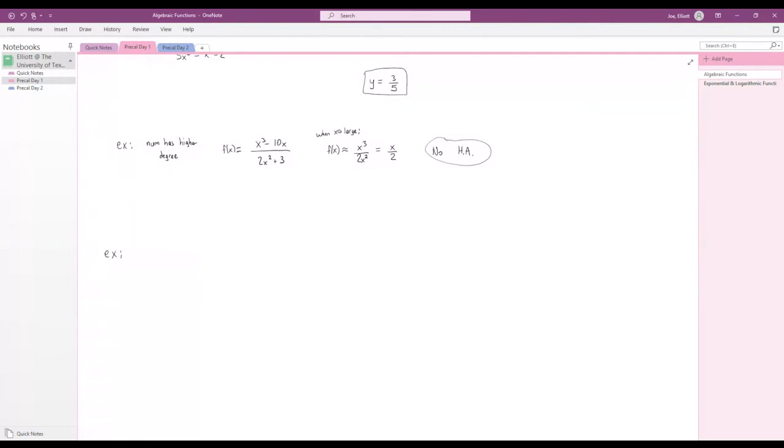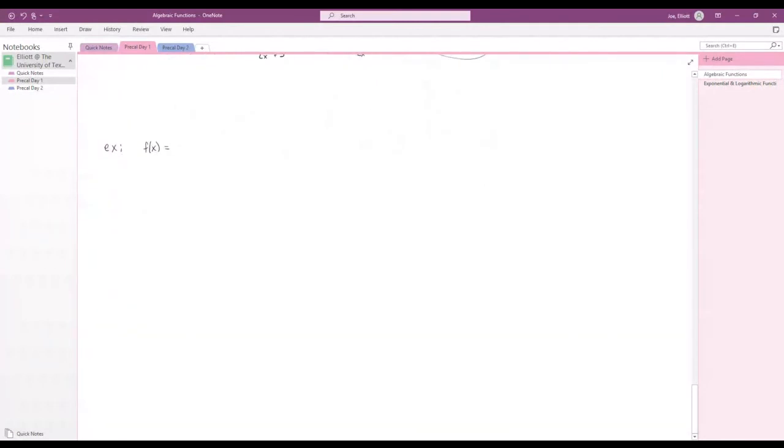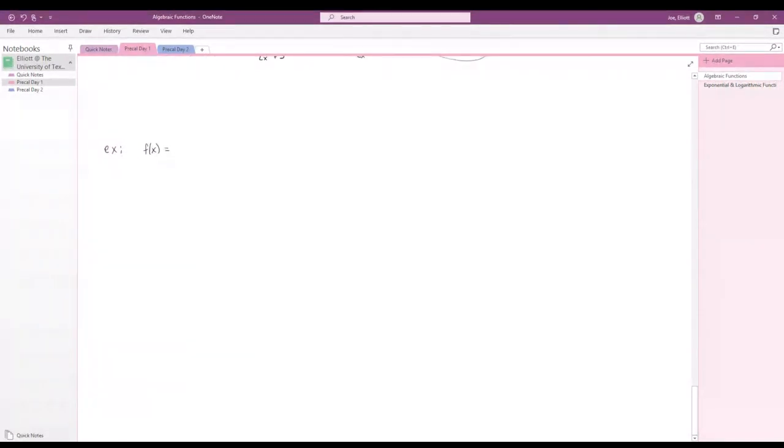Let's see here. I think I'm going to look at just one example involving a square root right now, because we haven't done any of those yet.